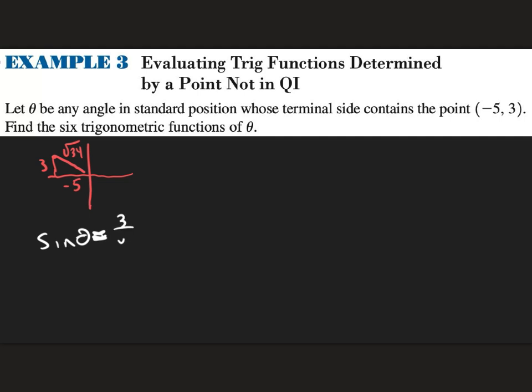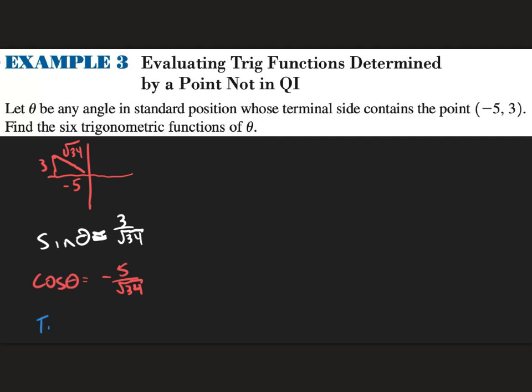Is 3 over root 34 because the sine is positive above the x-axis. The cosine is negative 5 over root 34. And in a fraction, it doesn't matter where your negative goes. It goes out front, with the numerator, or with the denominator. It does not matter.